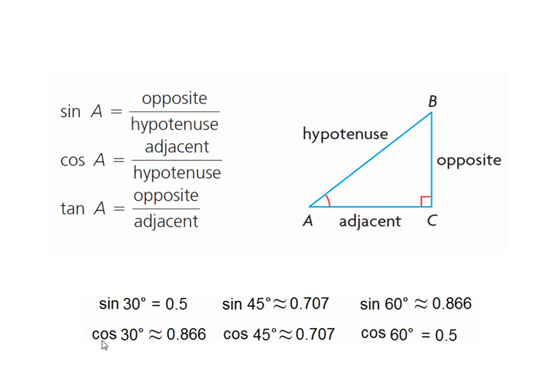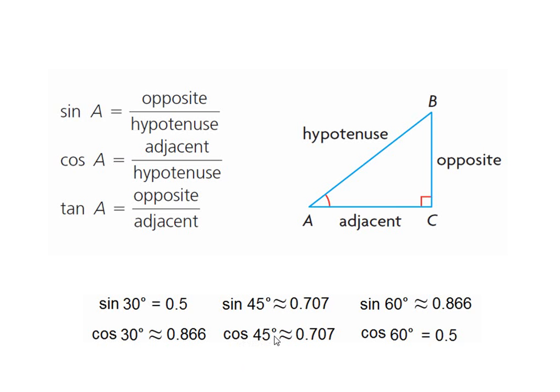The value of cosine is also determined by the amount of the angle. For example, cosine 30 degrees is equal to 0.866.